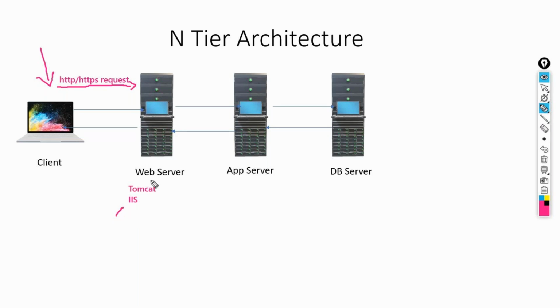These are the two most frequently used web servers. The first request goes to the web server, where the website, a collection of web pages, is hosted. Now, this web server will simply forward that request to the application server.